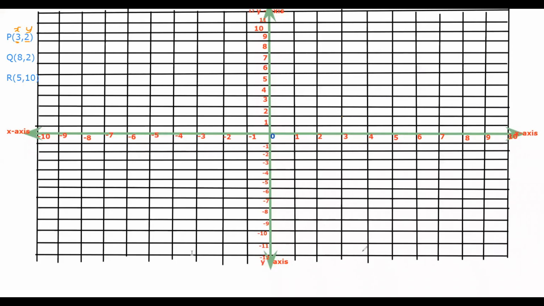Let me use a proper symbol to indicate that. So the 3 and 2 here is the meeting point. Then let me write the coordinates attached to that. That is point P, formed by 3 and 2. Okay, good.